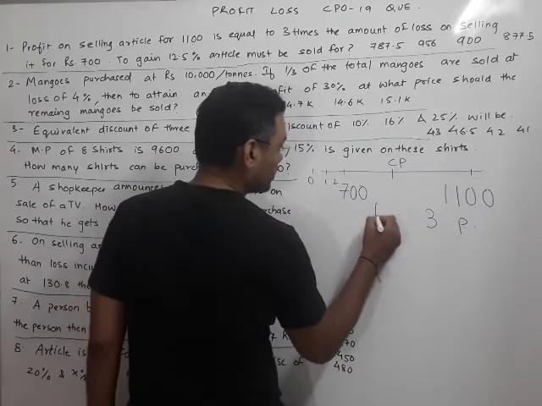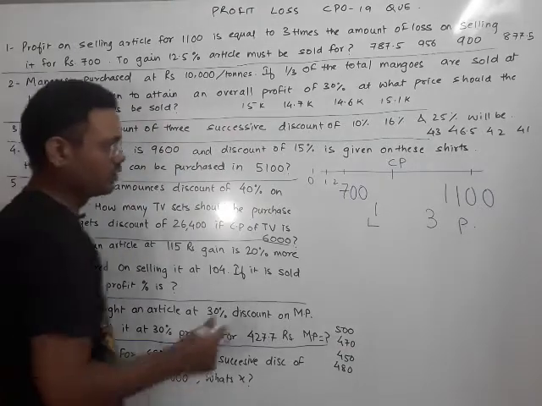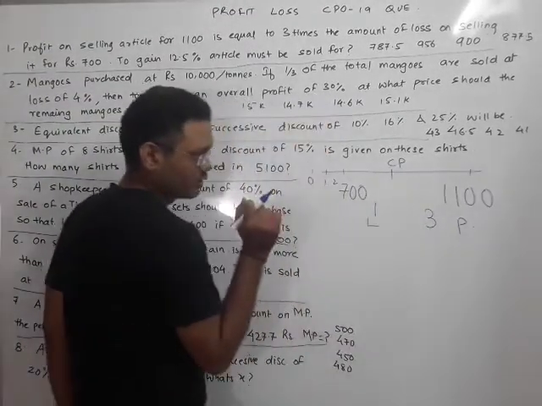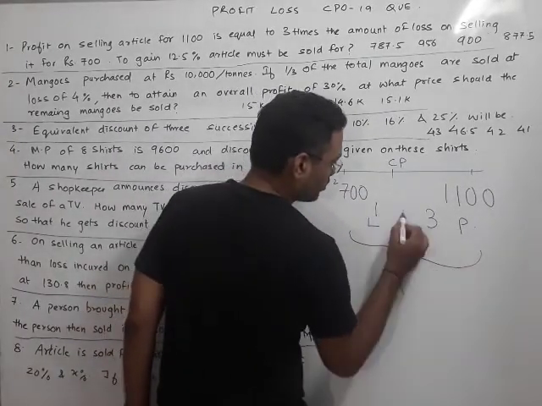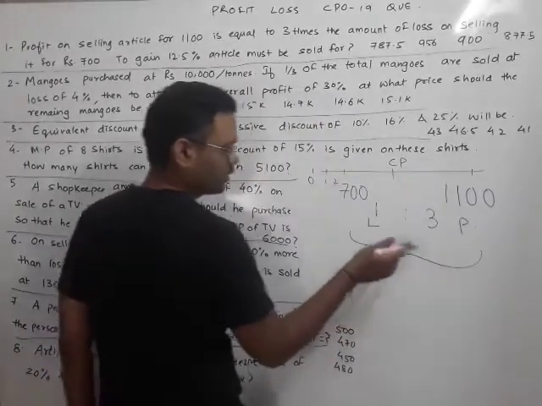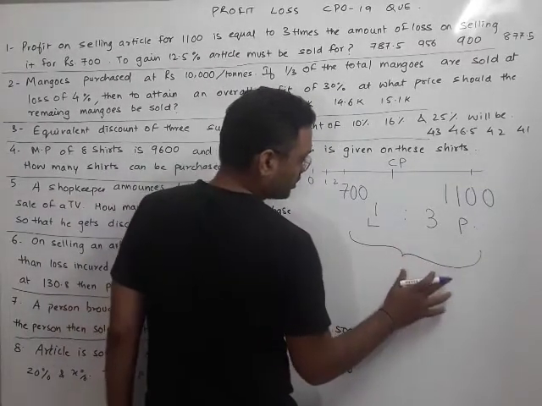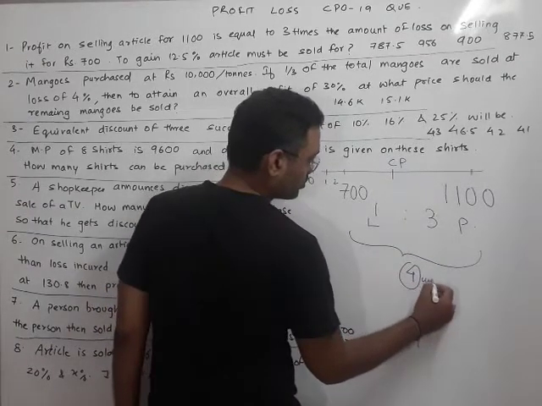So loss is 1, profit is 3 times, which means this is 1 unit and this is 3 units. Or you can call the ratio of loss to profit 1:3. What is the total then? 4 units.